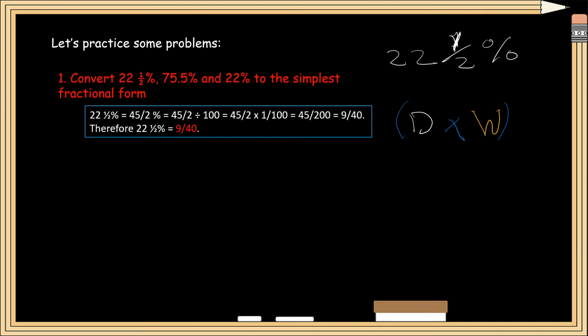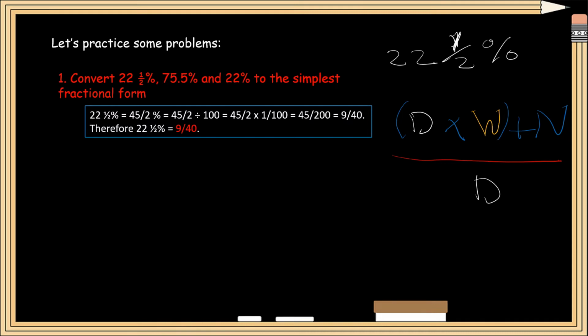Then we add the numerator to it, and put it over the denominator. So this is our formula for converting a mixed fraction to an improper fraction.